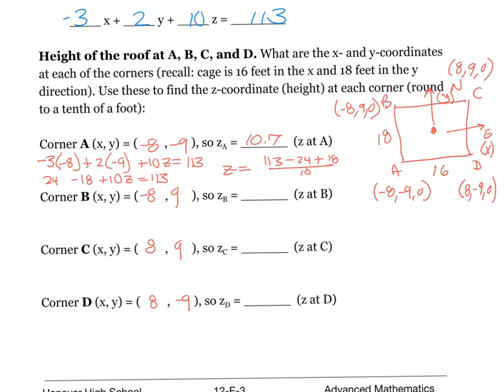So easy peasy, we just keep doing this for the other corners. And if you got the idea here, this is all I'm going to do for the rest of this video. -3 times -8 plus 2 times +9. So these equations I'm writing out are a little bit different each time because although the 8 and 9 are the same in every case, the signs are ending up different.